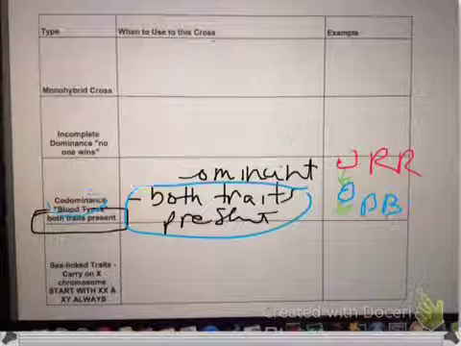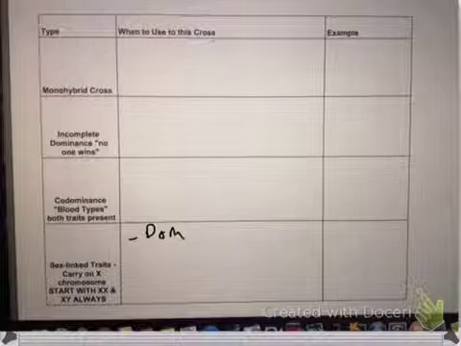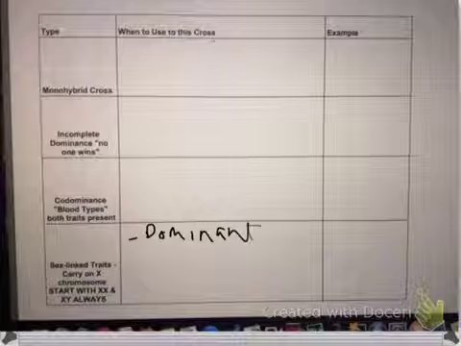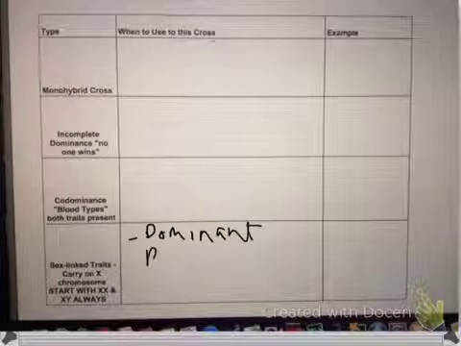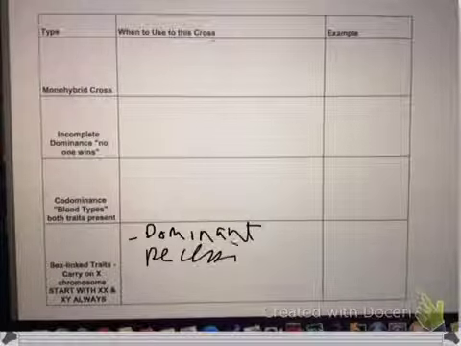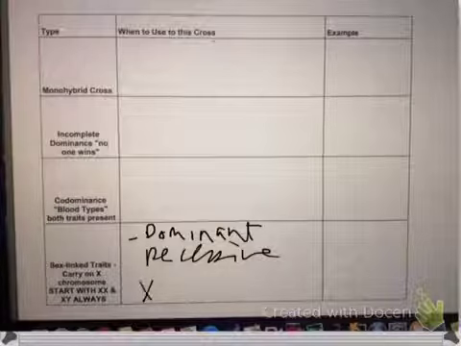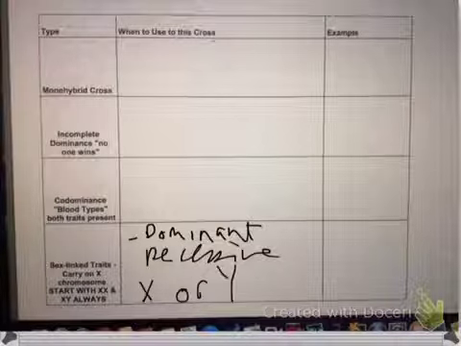Okay. And then you just looked at the crazy world of sex-linked traits. It's still dominant and recessive. So we're kind of back to normal. You have these guys back, except they're on the X or Y chromosome.